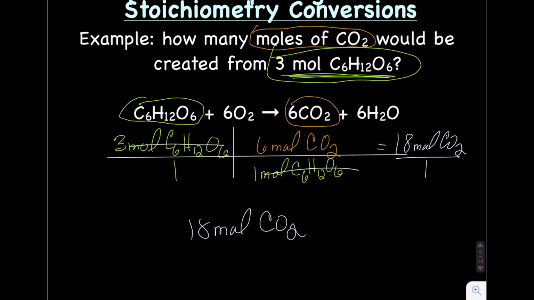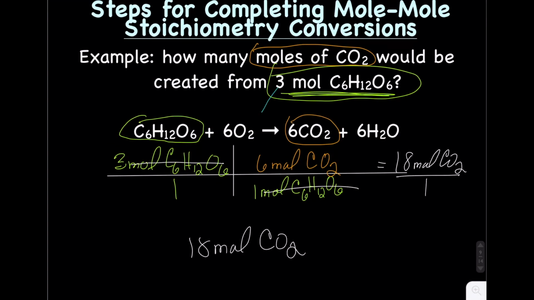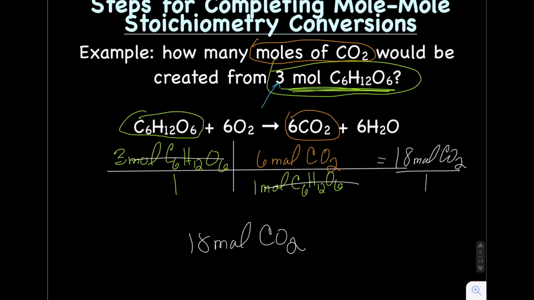And then the last step, everybody's favorite, sig figs. So we look at our problem. We have a 3 there, right? That's 1 sig fig. We don't use the numbers from the balanced equation, this area here, for sig figs. We only use, for today, our given, and if we use molar mass, that's calculated as well.